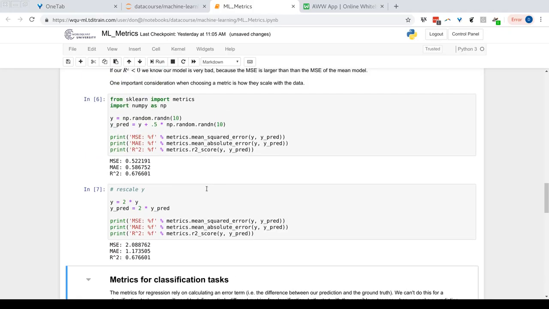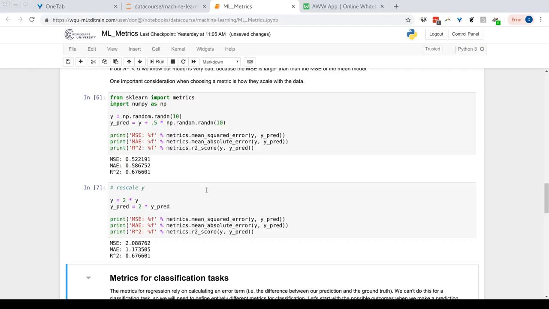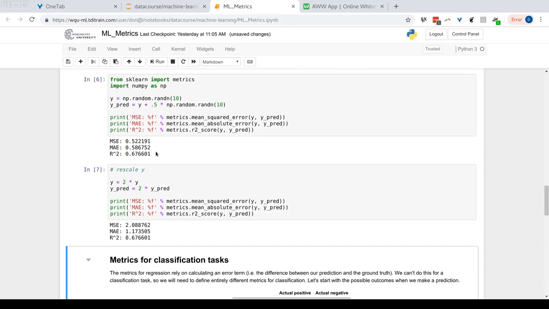Let's say we're building a model to predict housing prices. It doesn't matter if we are in a high market or low market. If we use the R squared value, it's scale invariant, so it becomes easier to compare with other models. In order for us to properly evaluate the mean squared error, we need to consider the scale of our labels.